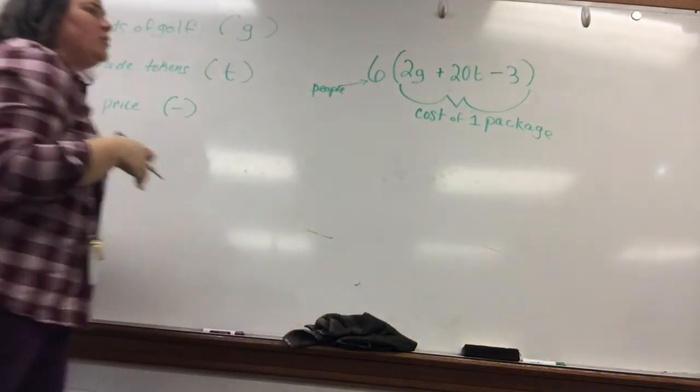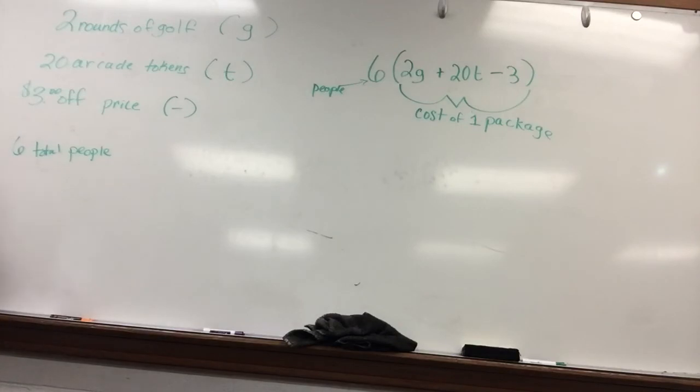Okay. What's another way we could write this expression? We've had experience doing this for a couple weeks now. What could we do to this expression to come up with a different expression? It's going to look different. What property could we use? I heard somebody say it starts with a D. Mason?